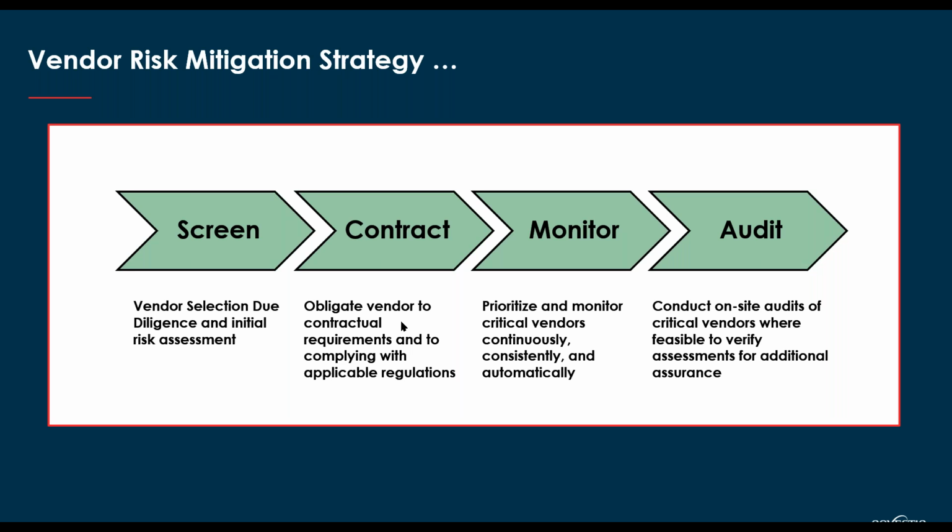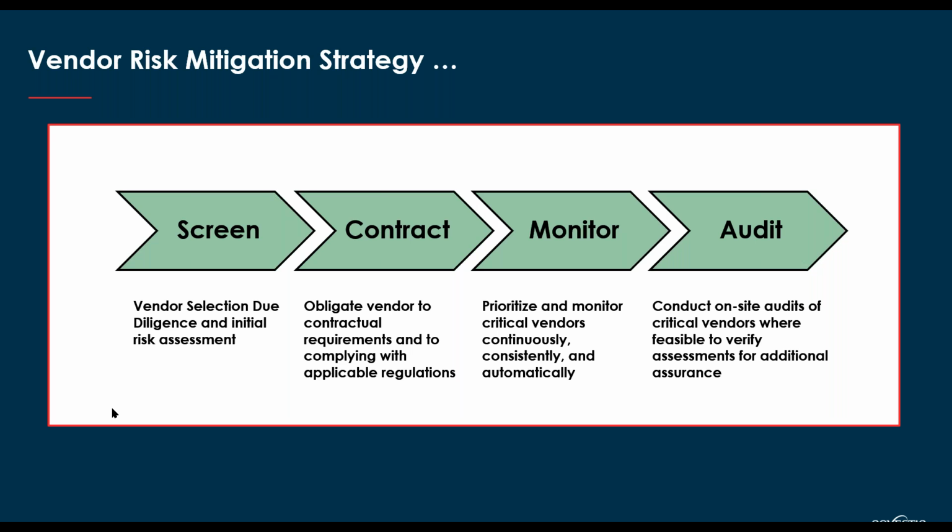And then, of course, the best practice is to continually monitor the vendors to make sure they're doing everything according to contract as expected of them. And it's always good to conduct audits of the vendors to double check and to basically gain that extra layer of assurance.